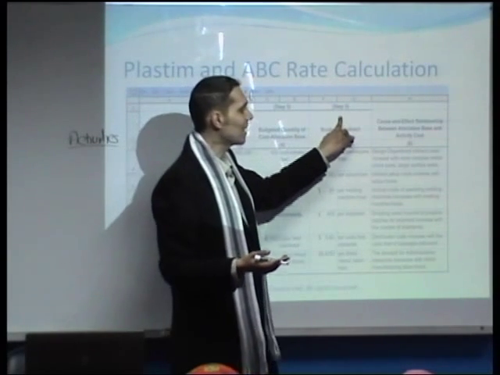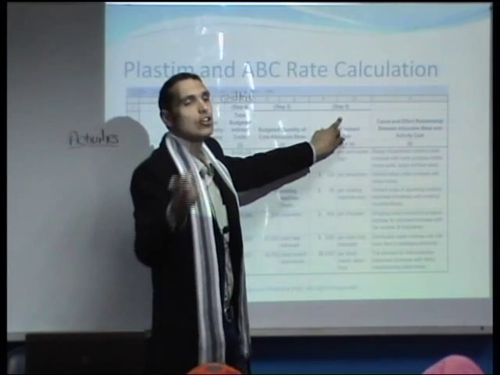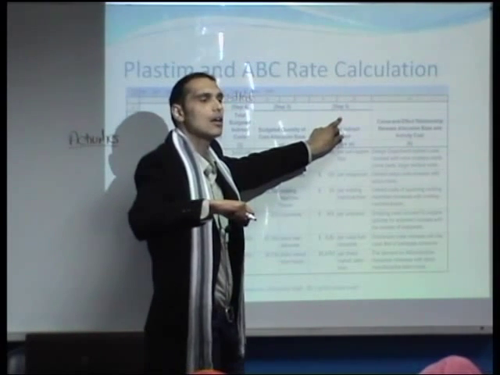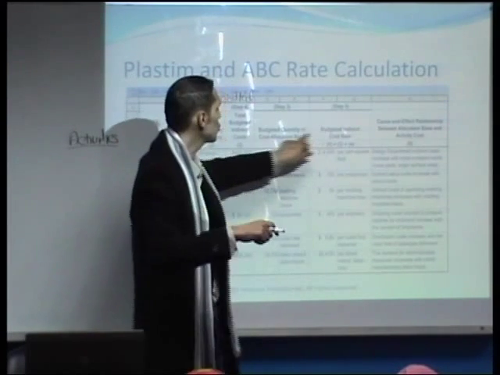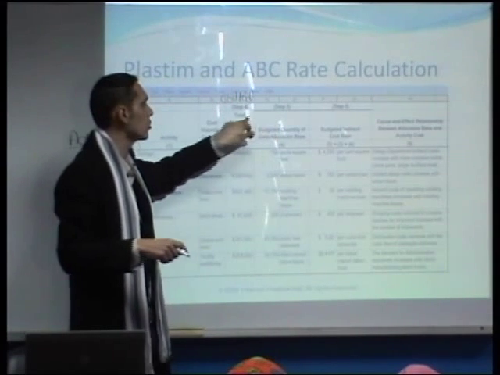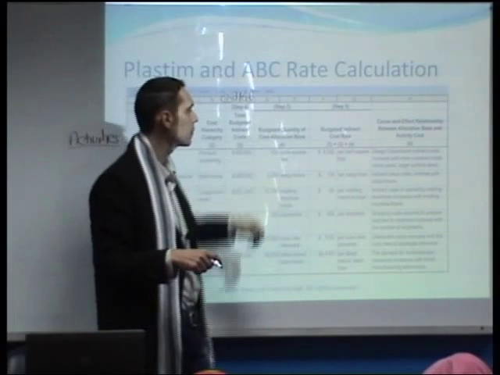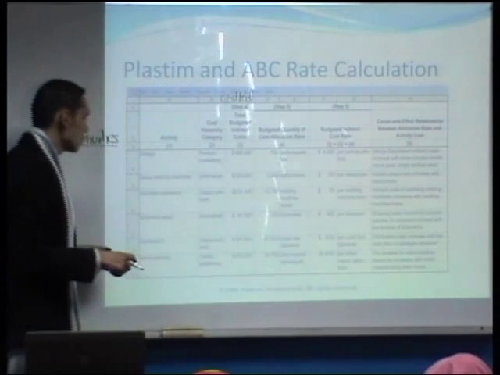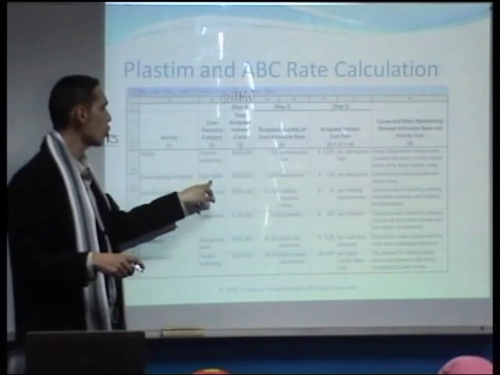Of course, in step number 5, as we can see, they calculated the allocation rate according to these two pieces of information, the cost pool and the number of units of the allocation base. And of course, this goes on for the setup of molding machines also.